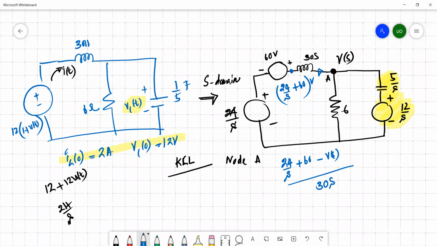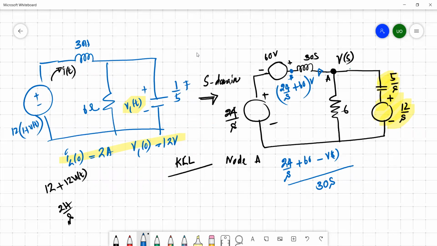The voltage at this point, let's assume B, is 24 divided by S plus 60. So this is the total voltage that appears at the node B. If you want to get the current, you can just subtract the voltage: 24 over S plus 60 minus Vs, and if you divide it by 30S, it gives the current flowing through.